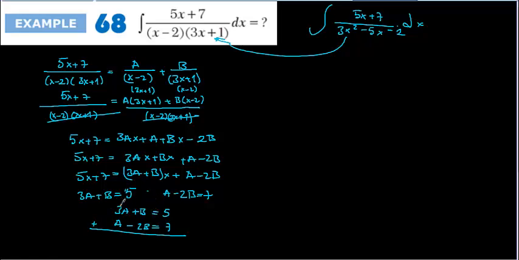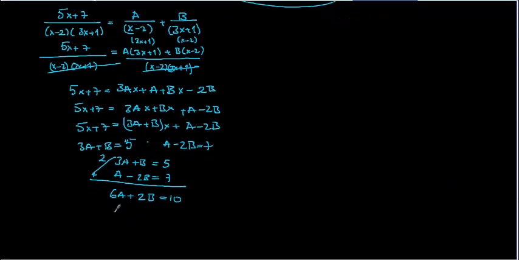Instead of adding directly, let me multiply the first by 2, then I will add: 6a plus 2b is equal to 10, and the last one, a minus 2b is equal to 7. Then 2b and minus 2b cancel, and if we simplify, 7a is equal to 17.